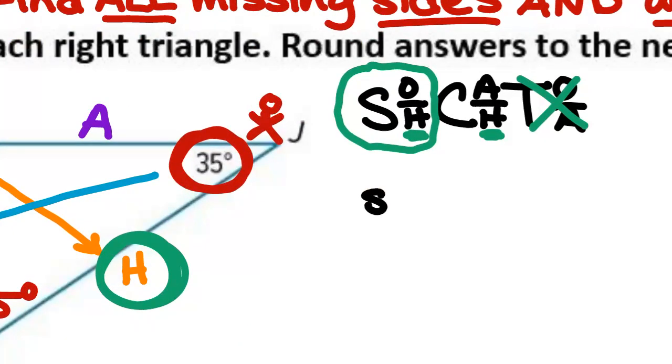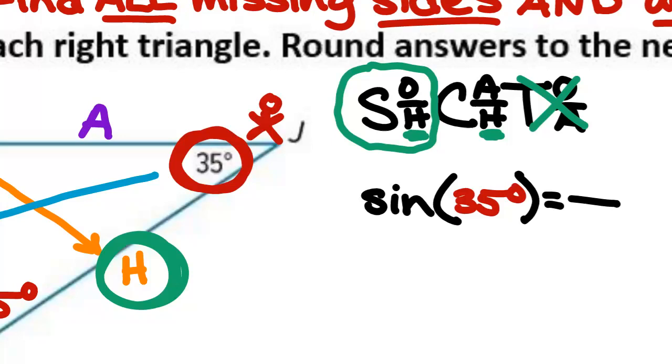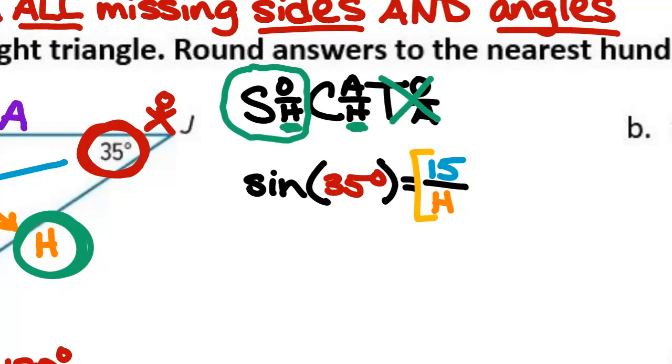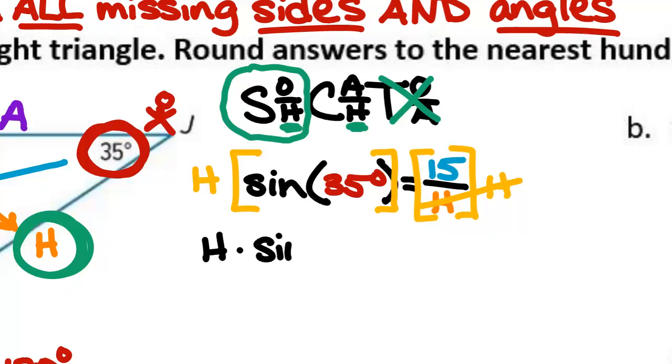So sine of 35 degrees is equal to opposite over hypotenuse. My opposite side is 15. And I'm going to use h for hypotenuse. Multiply by the denominator. So multiply both sides by h. So I have h times sine of 35 degrees equals 15.